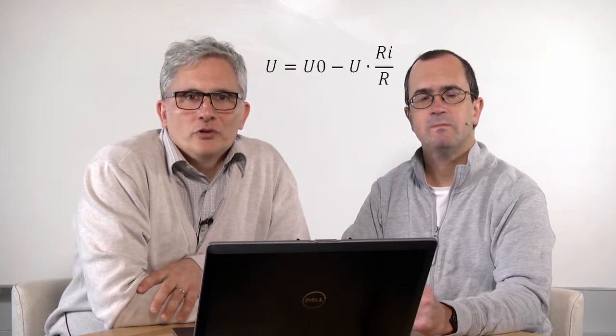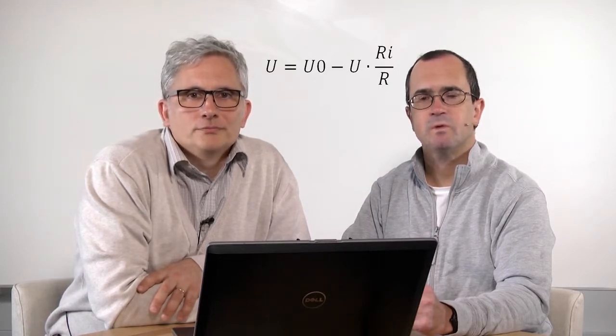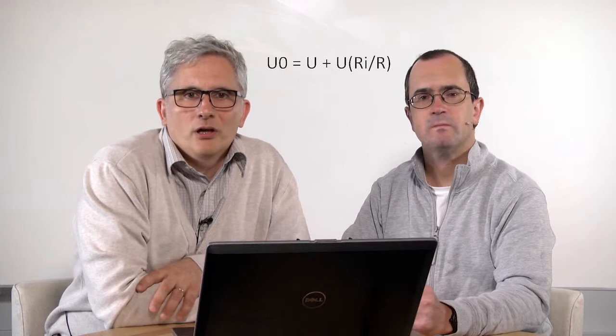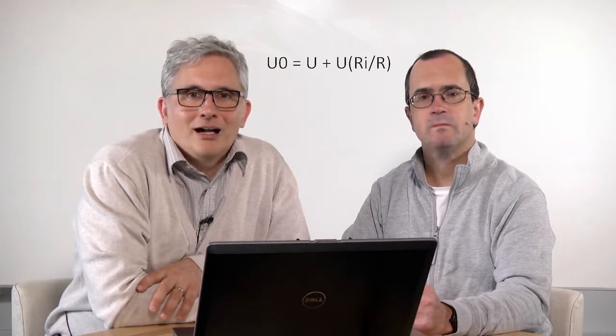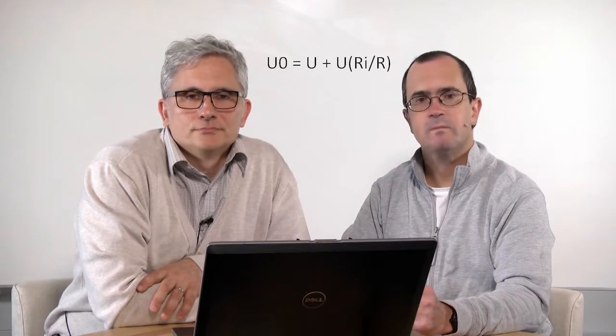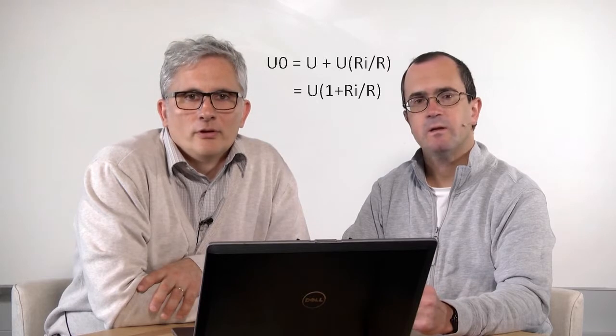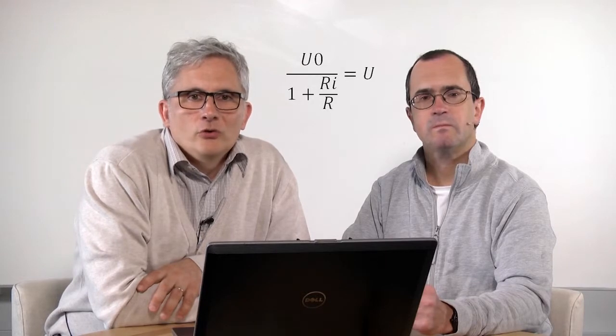Inserting this result into the first equation then yields U equals U0 minus U times Ri over R, which can be written as U0 equals U plus U times Ri over R. And this is equal to U times 1 plus Ri over R. So finally we get U0 divided by 1 plus Ri over R equals the output voltage U.